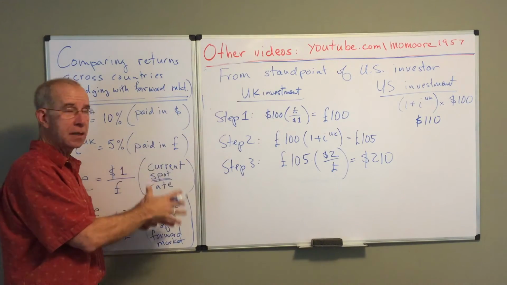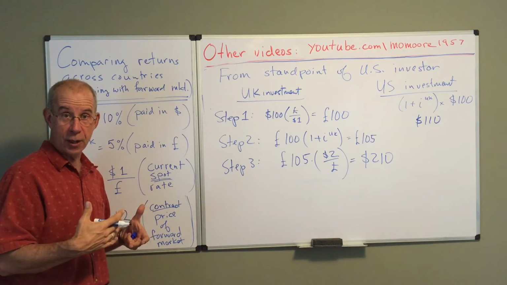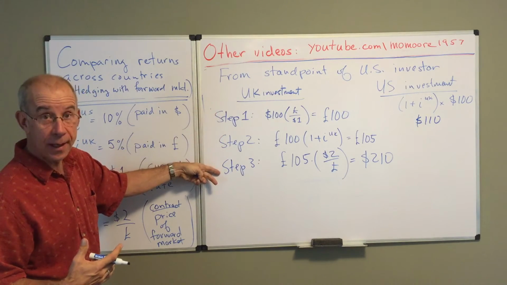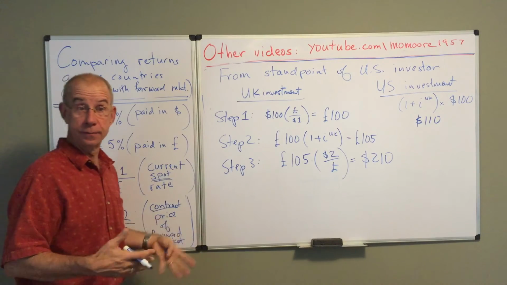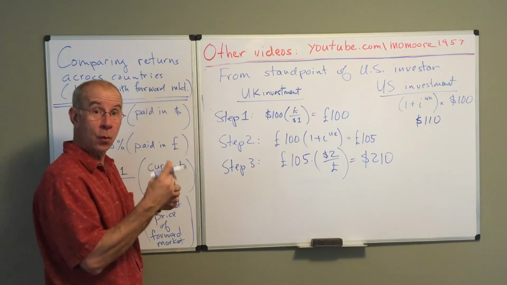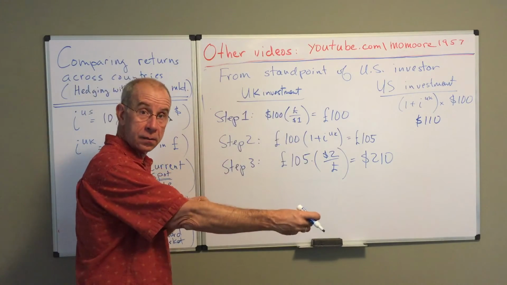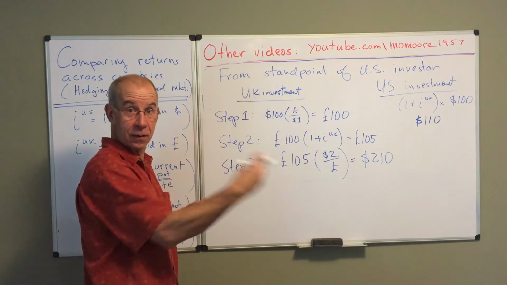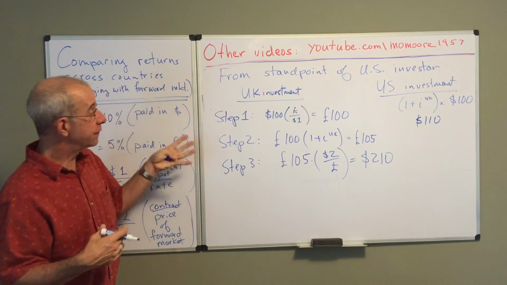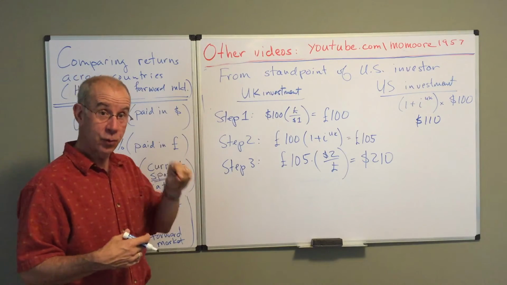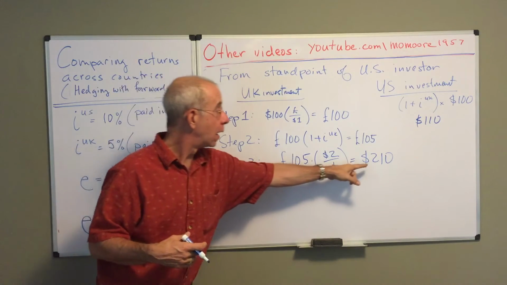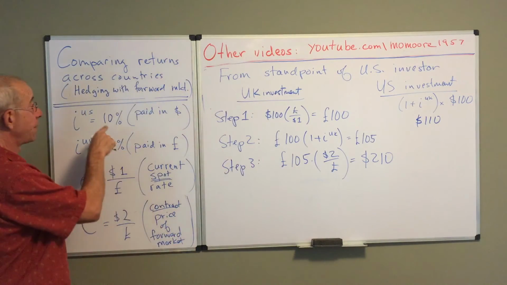Now, comparing this to the previous video without hedging, this third step was based on speculation about what the exchange rate would be. And the investor would have to wait for a year to get that spot rate to then convert back. With hedging in the forward market, the investor knows with certainty today exactly what they will have in terms of profits, because this is known.